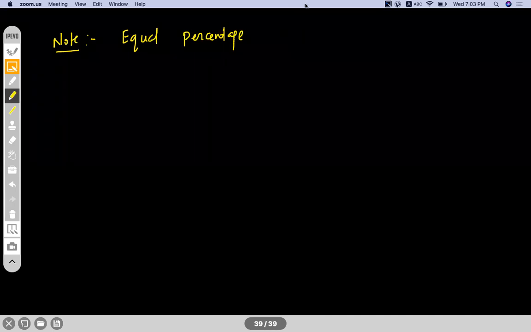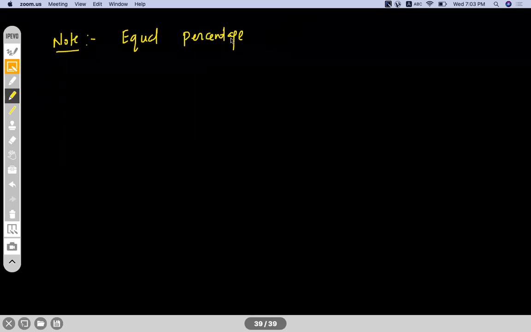Okay. So in this, what happens if we calculate equal percentage? Since we have the ratio here, equal percentage reacts in equal time.